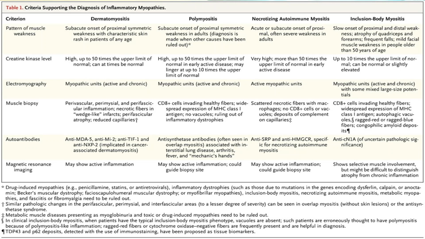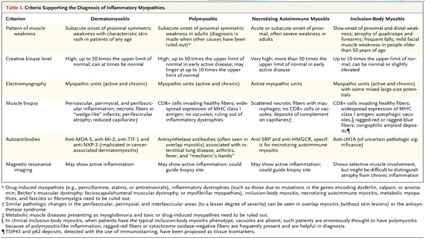In polymyositis, up to 50 times, and in inclusion body myositis, up to 10 times the upper limit of normal. Sometimes in inclusion body myositis it can be normal or slightly elevated. Electromyography: we have myopathic units in dermatomyositis, polymyositis, and inclusion body myositis.